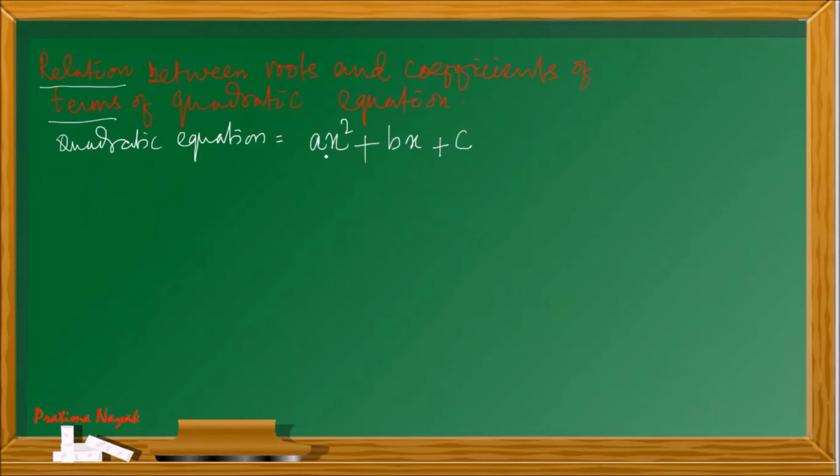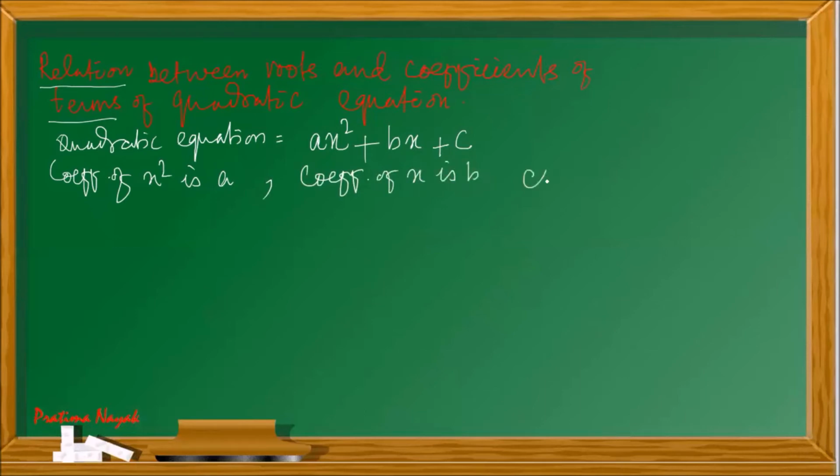So these are the coefficients. Coefficient of x square is A, coefficient of x is B, and the constant is C.